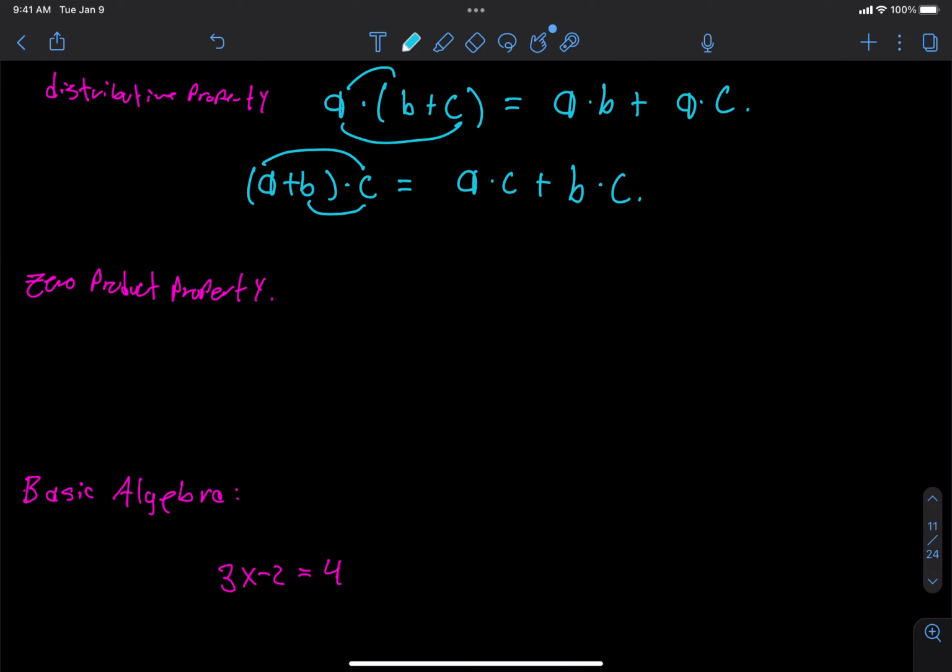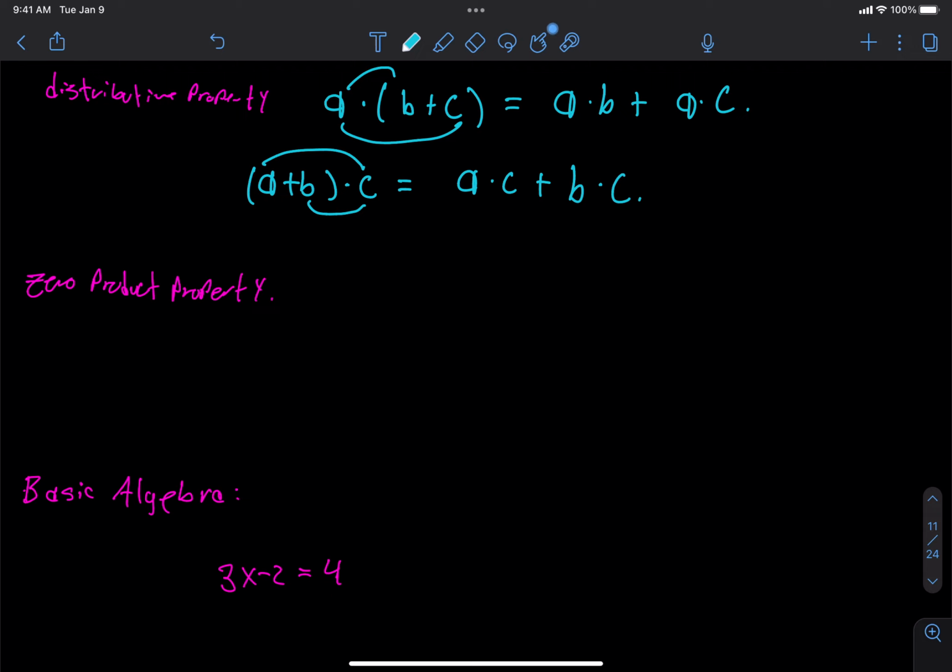And another thing that you've probably used before, but maybe you don't remember the name of it, is the zero product property. Does anyone know what the zero product property is? Maybe you think you know, but you're too nervous to raise your hand. That's okay.